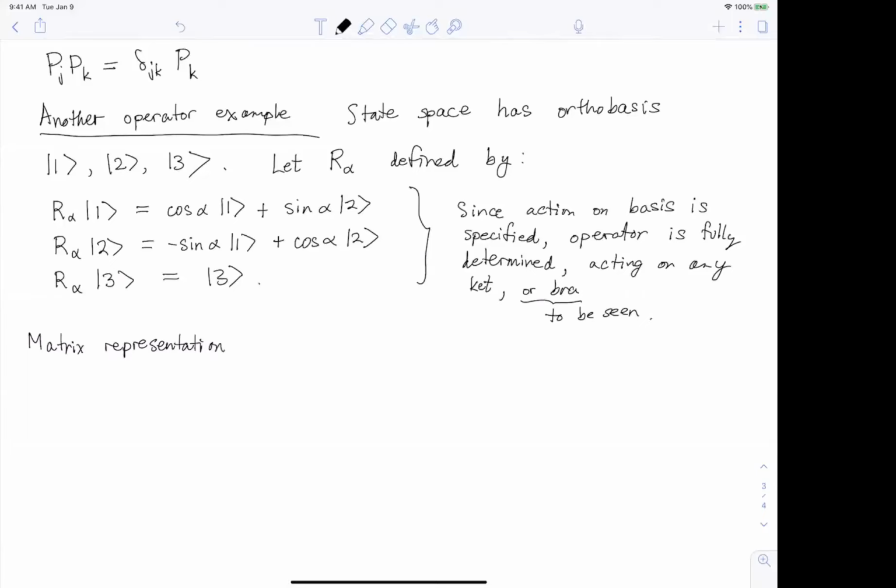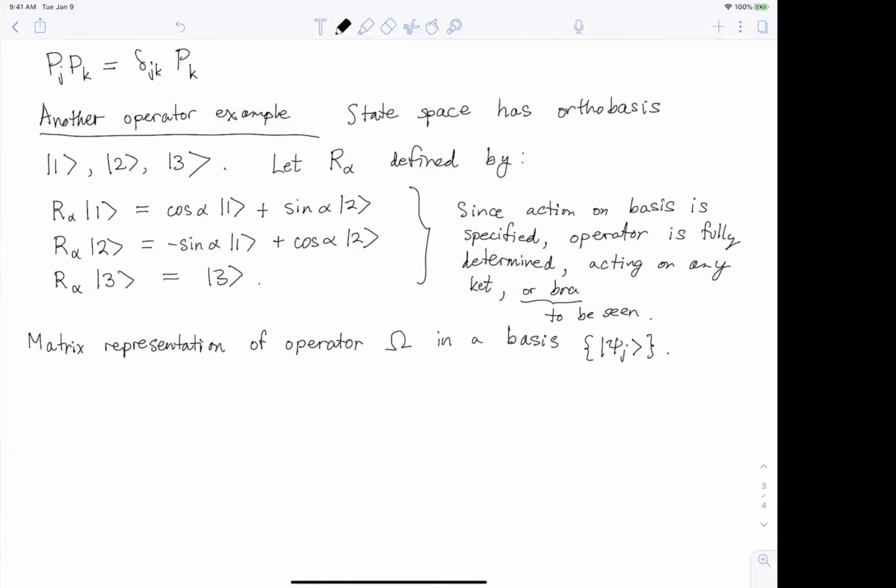I think from now on, I'll probably write rep instead of representation. Just for variety, let's call this operator capital Omega, in a basis. Let's call my basis, for variety, psi sub j. And I'm not actually saying it's an orthobasis necessarily, it may or may not be.